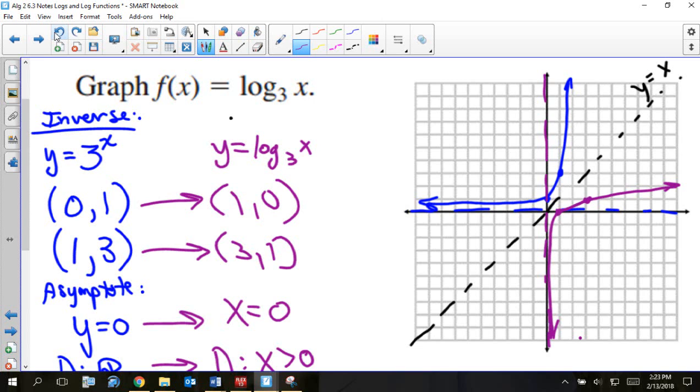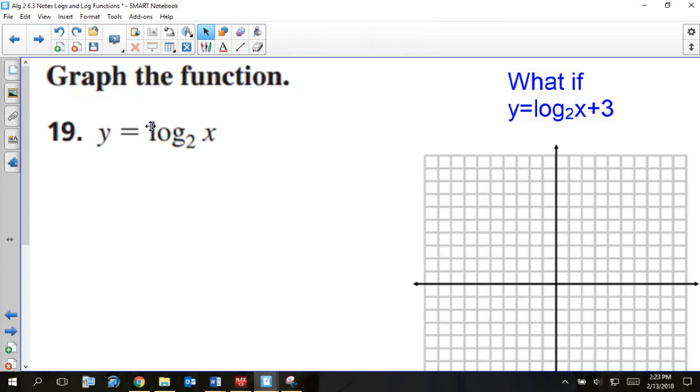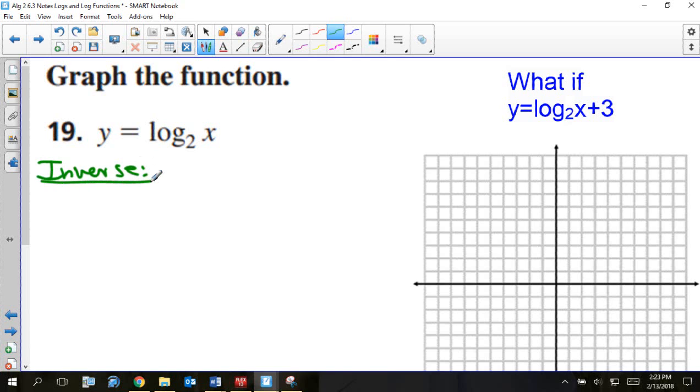Okay, let's try the next one together, which is number 19. So the first thing that you want to think about is the inverse. So that's where I'm going to start. I'm going to start with the inverse. What is the inverse of log base 2 of x?